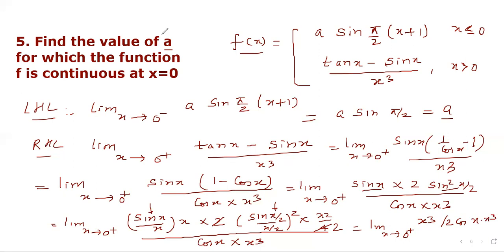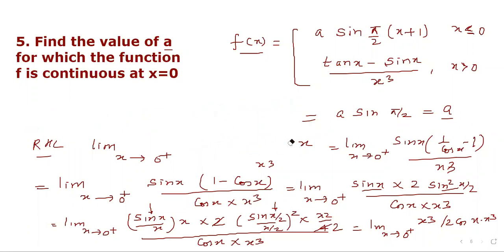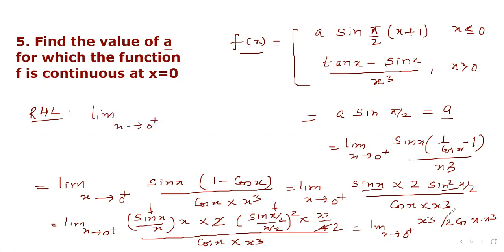So let's write it further. So RHL, where we have got limit x tends to 0 plus, x cube divided by twice of cos x times x cube.